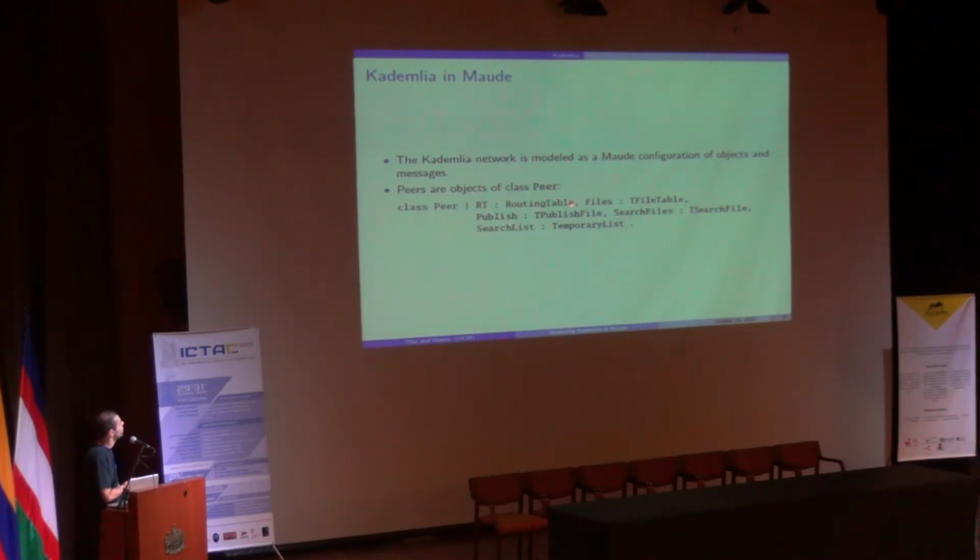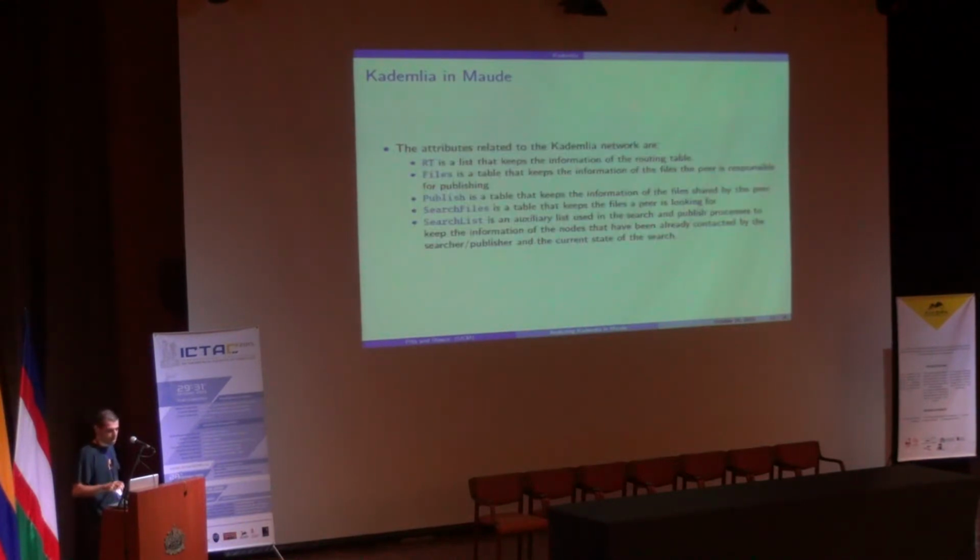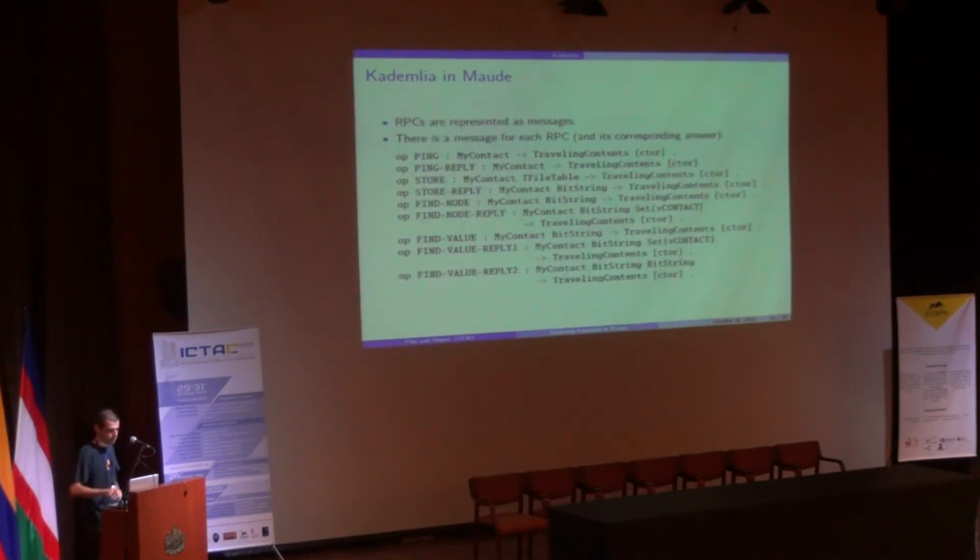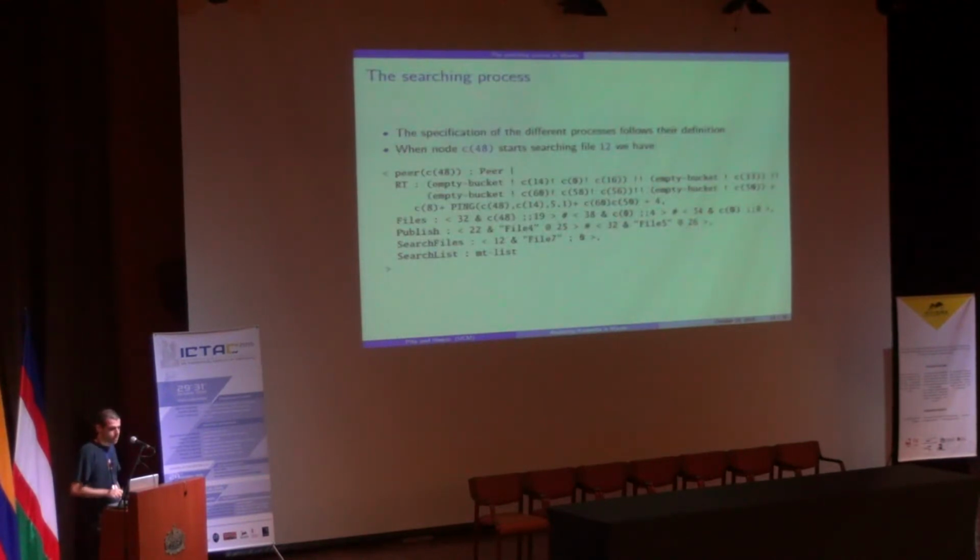RT is the routing table, then we have the public files, the search files, and an auxiliary list that keeps the information about the peers who are asking about the files we are searching for. And these are all the messages with all the answers. Pretty impressive.